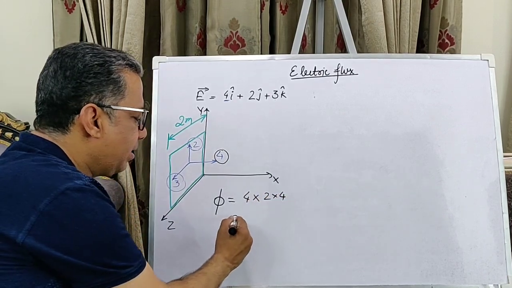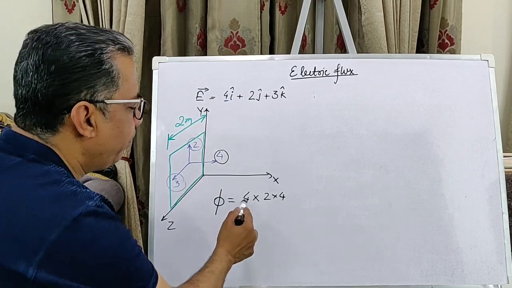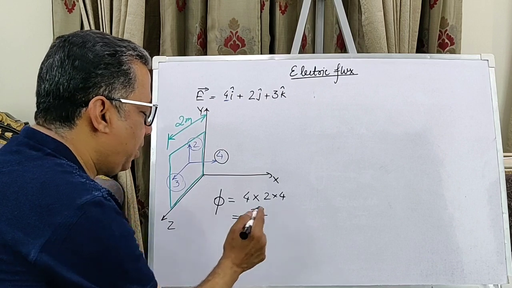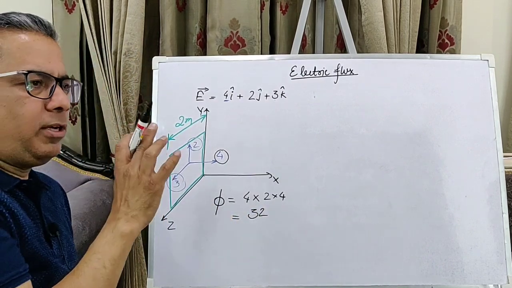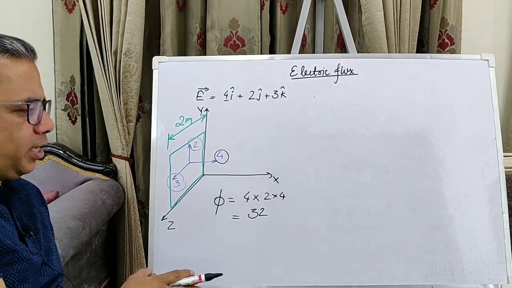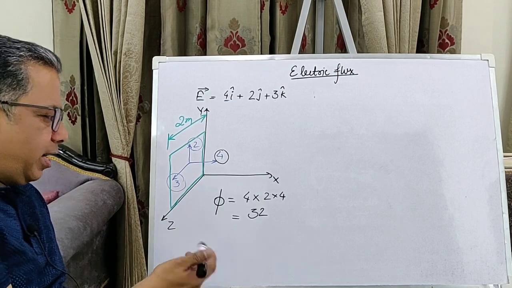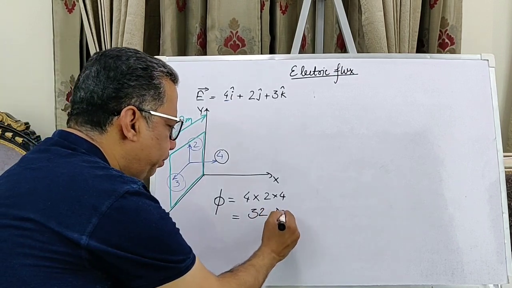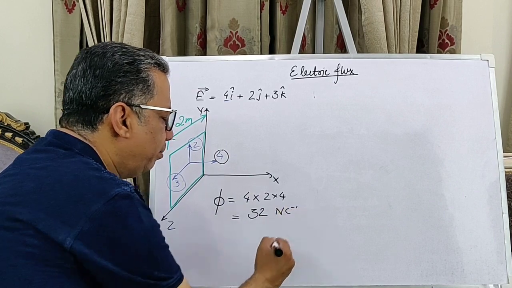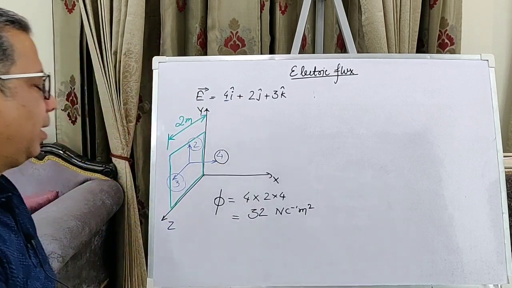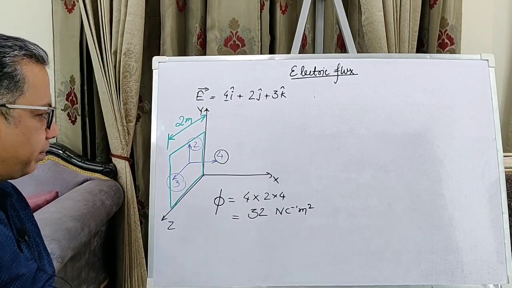And so the flux here comes out to be 32 units. Now what would be the unit of flux? The unit of electric field is Newton per Coulomb, and then you multiply with area, so Newton per Coulomb times meter square. So that's the flux here.